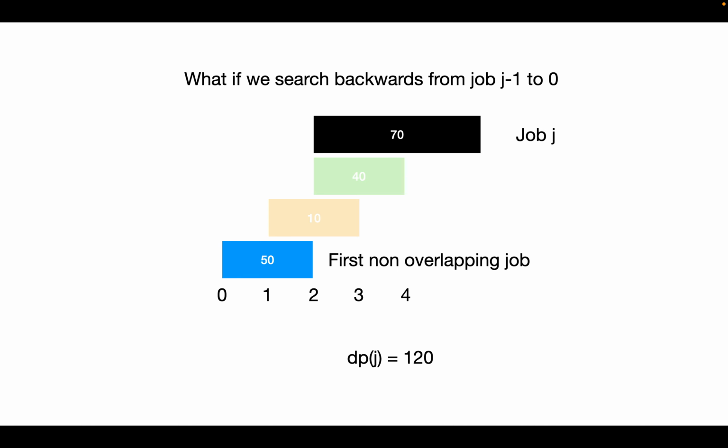Given how we've defined our DP function, where DP of J equals the max amount of money you can make considering J jobs, then that's the only one we need to look at. We just find the first i where job i doesn't overlap with job J, and then add those up, and that's the best you can do if you're combining jobs, right?